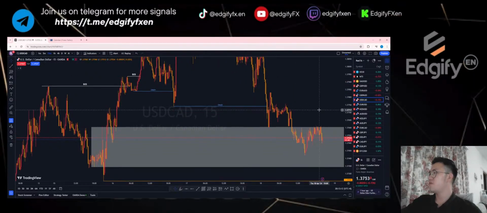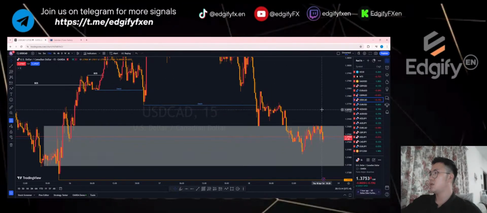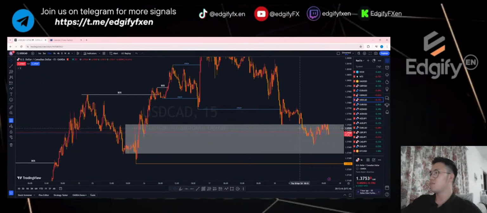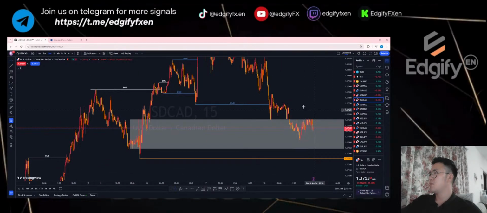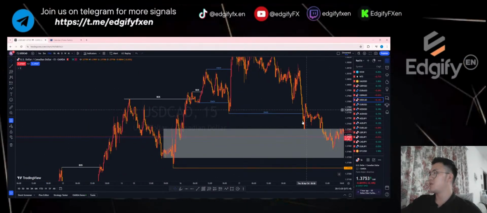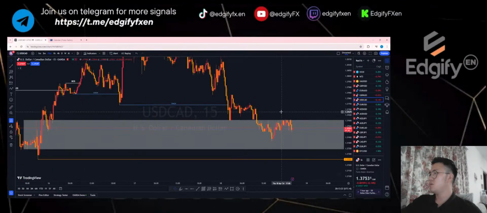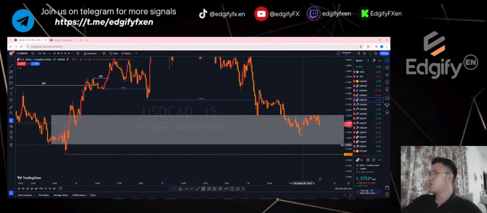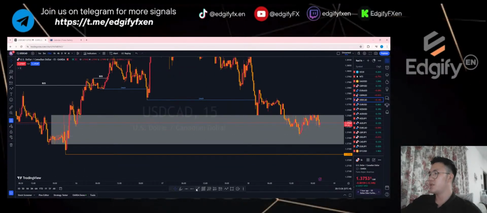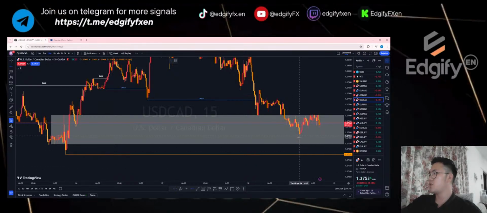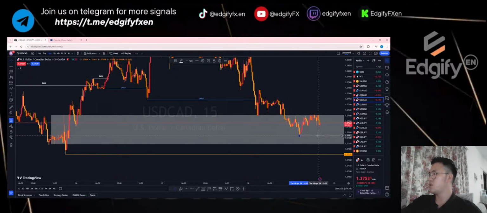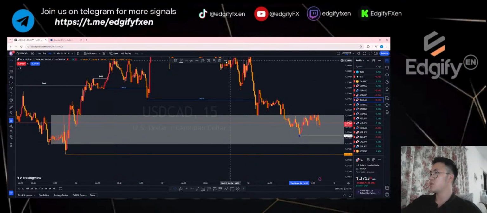So right now on the minute 15, I'll be looking, because here I don't have a proper retracement, which we see there's a retracement here. So what I'm actually looking for right now is for this price to break below here.